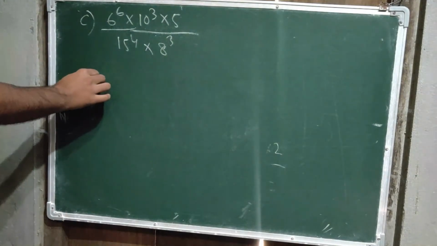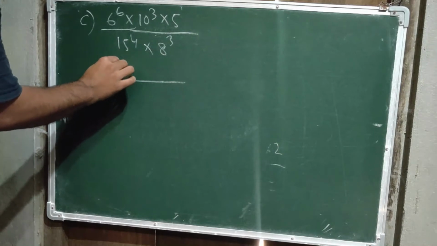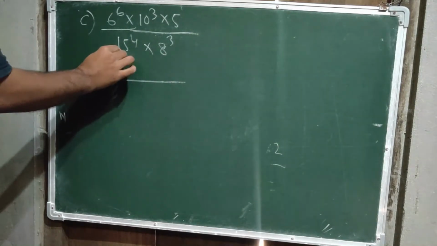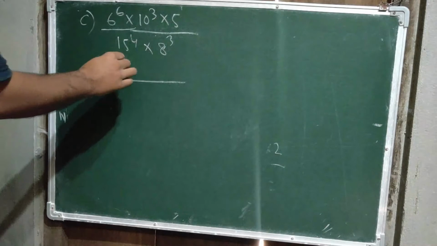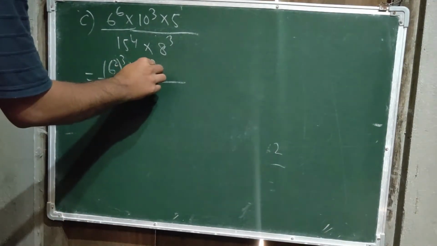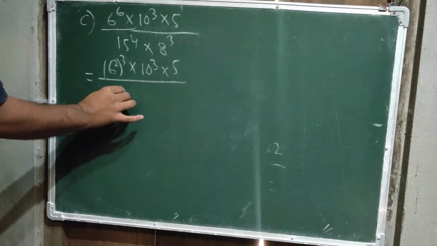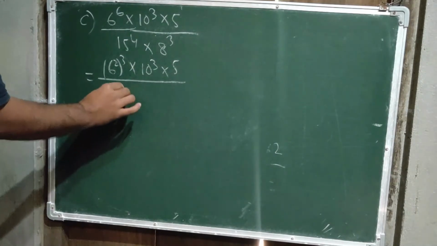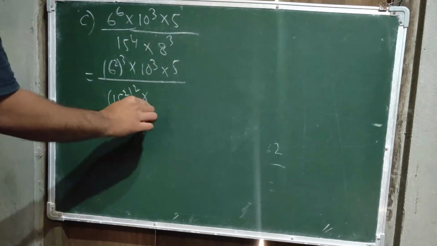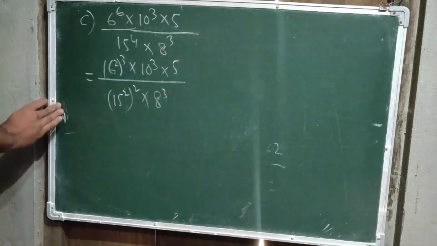So now 6 we have to put like this, into 10³ into 5, again 15 we have to put (15²)² into 8³. Now simplification.